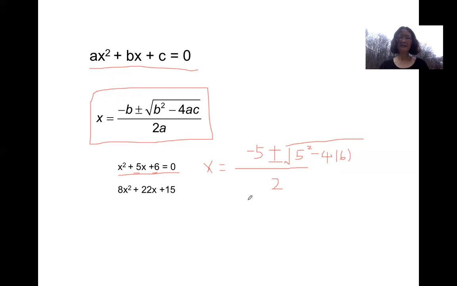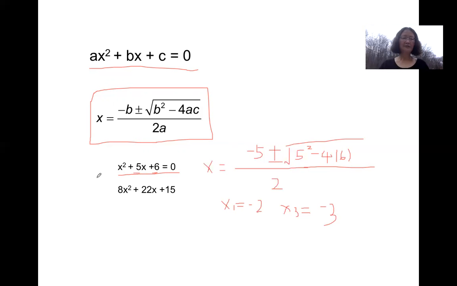Okay, and then you work out this expression, you get x1 is negative 2, and x2 is negative 3. We did that before. Here we just show you how to plug in the formula.